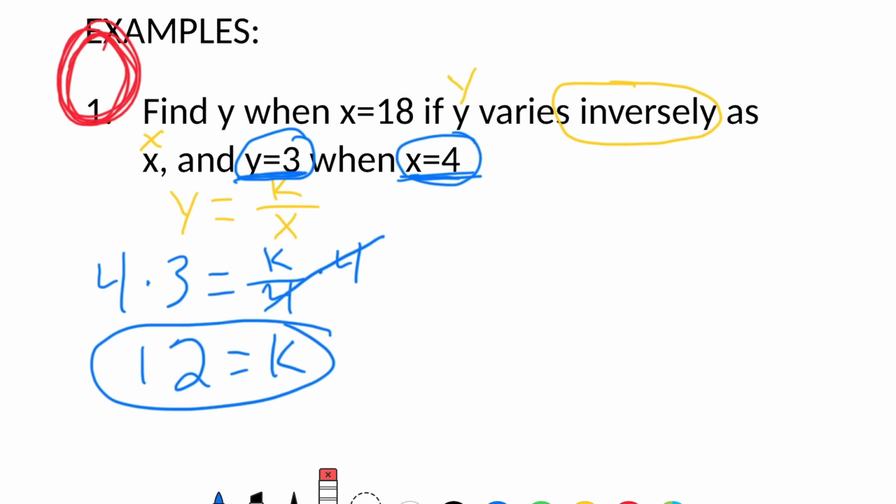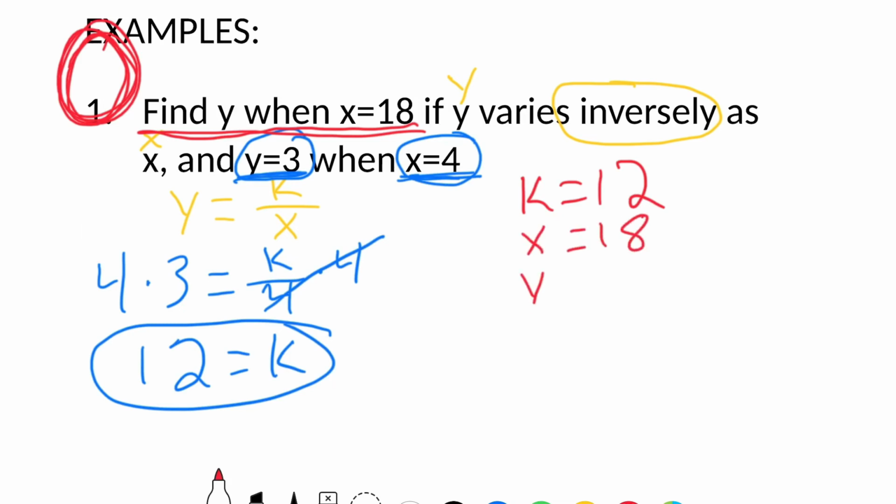Now we can look at where we have to find y when x is 18. So k is now 12, x is 18, and we want to know what y is. So we do y equals k, which is 12, over our 18.